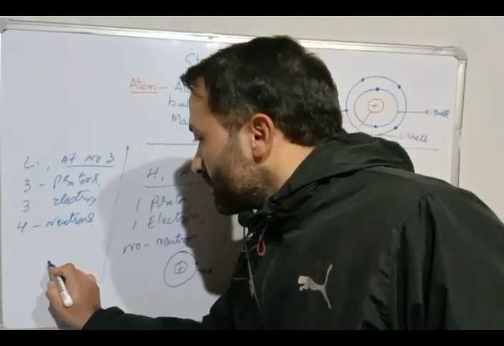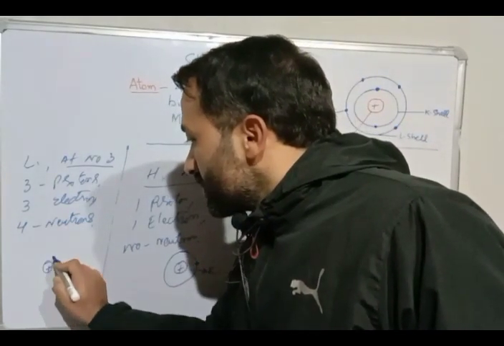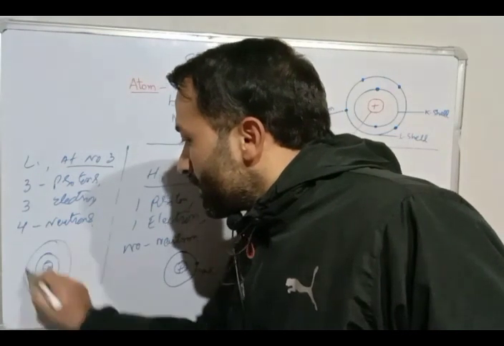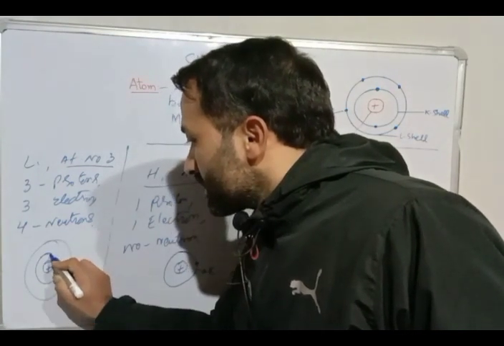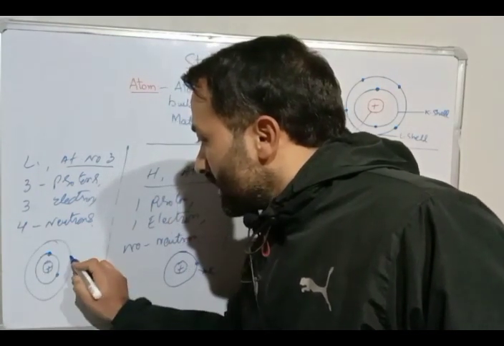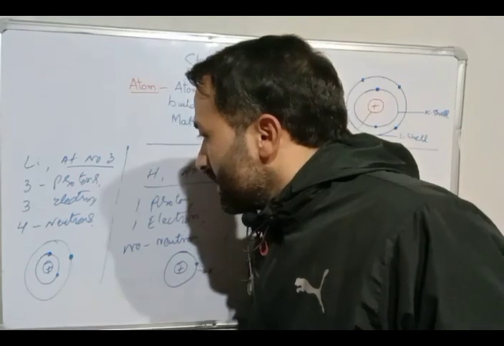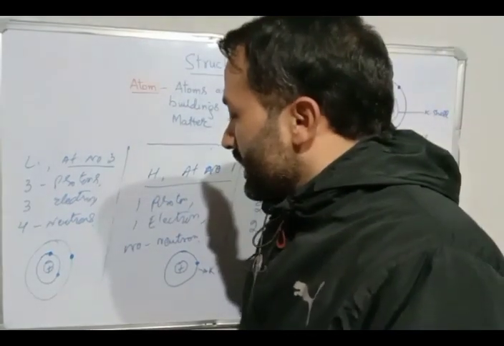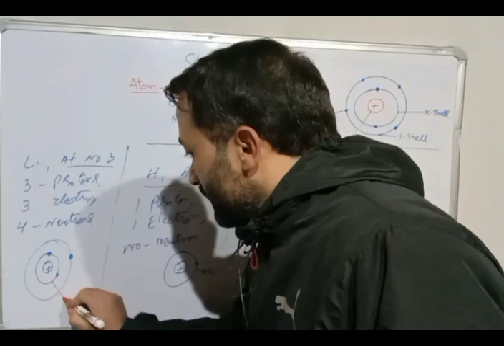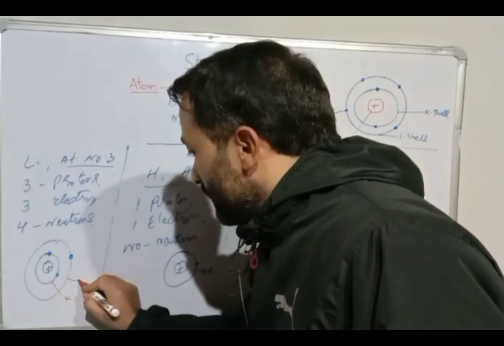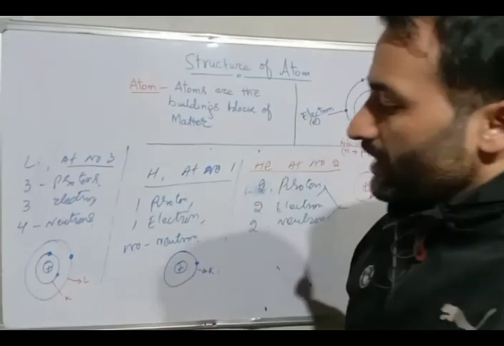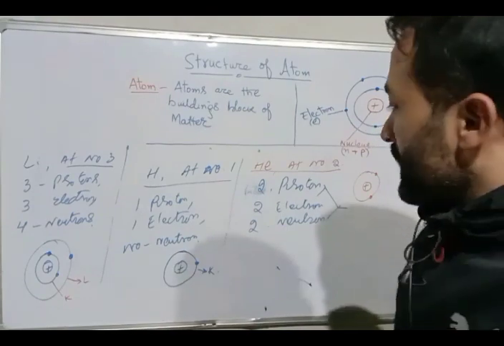Something like this: if this is the nucleus, it has 2 shells. The first shell contains 2 electrons, and the second shell contains only 1 electron. This one is the K shell, and the second shell is known as the L shell.